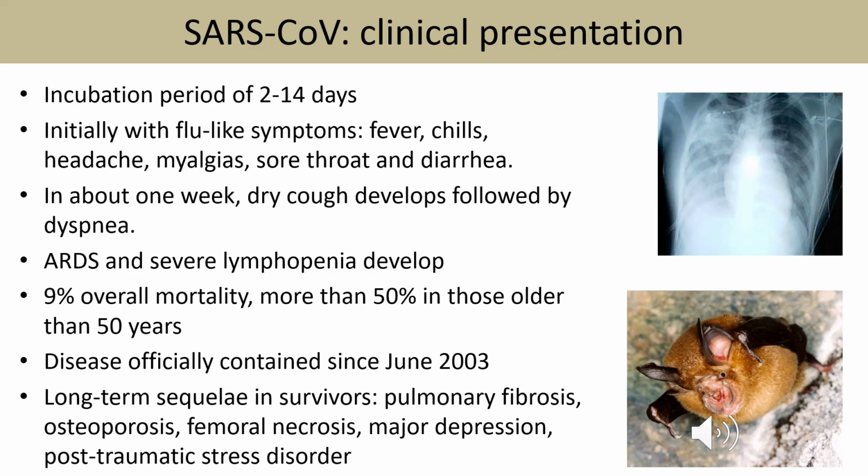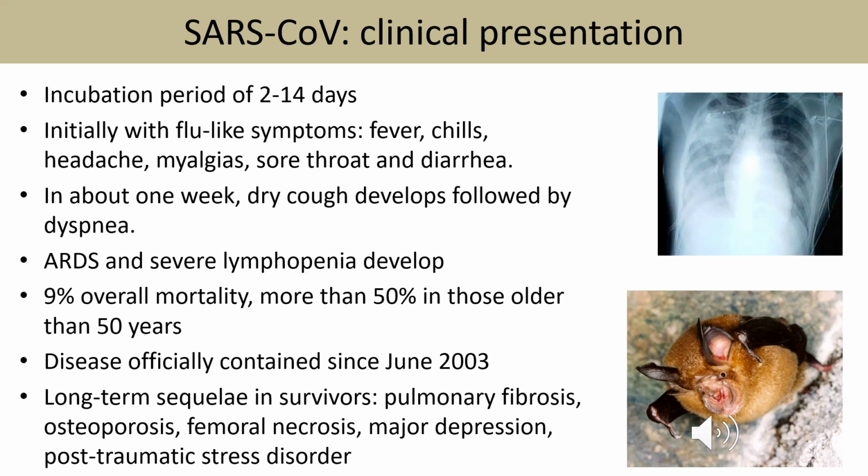The clinical presentation of SARS was similar to the current outbreak. The incubation period was 2 to 14 days. Initially, it started with a flu-like illness with fever, chills, headache, myalgias, a sore throat, and sometimes diarrhea.